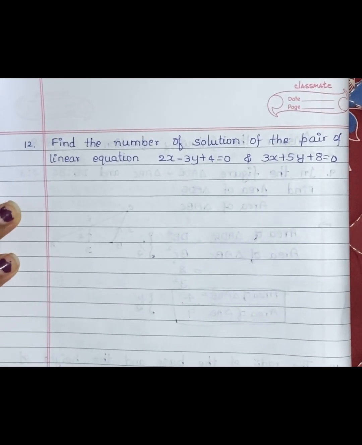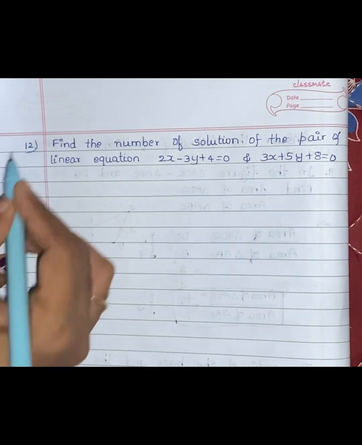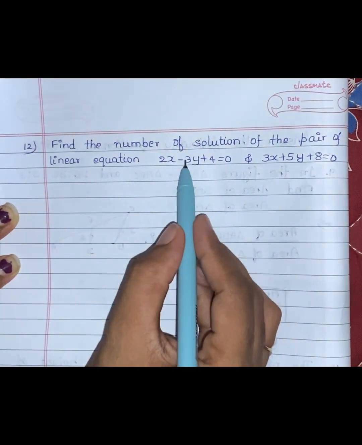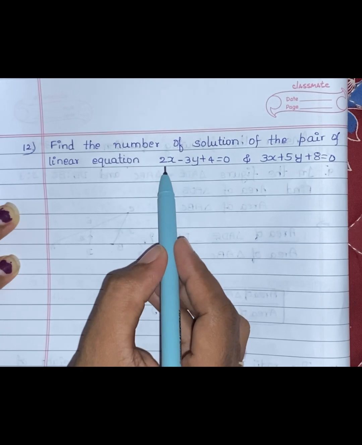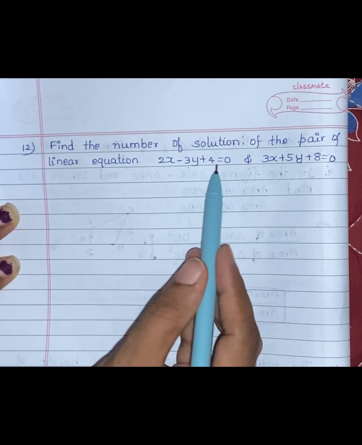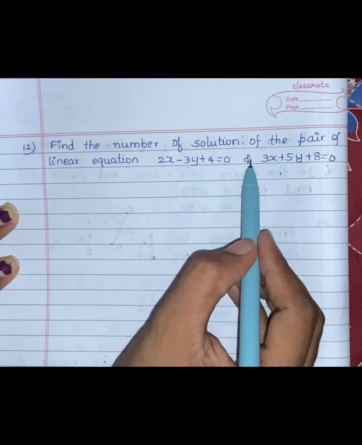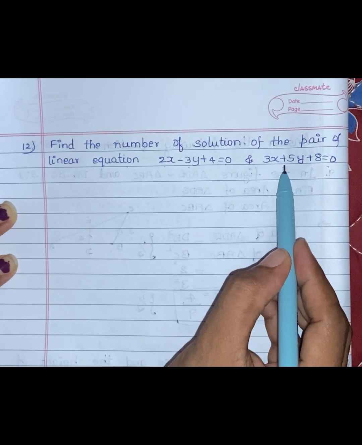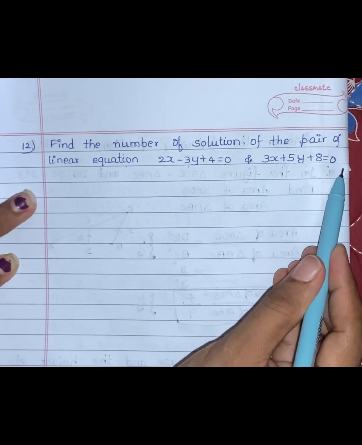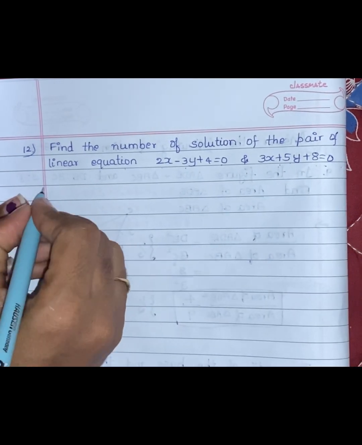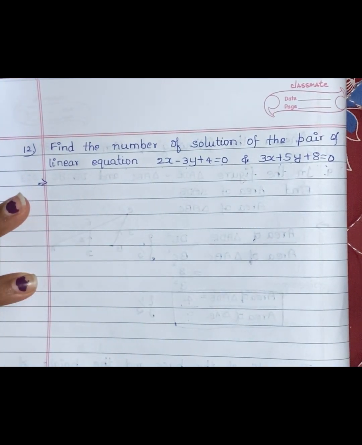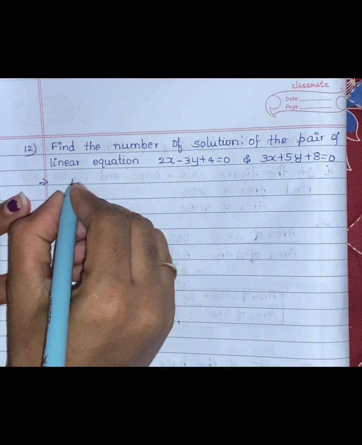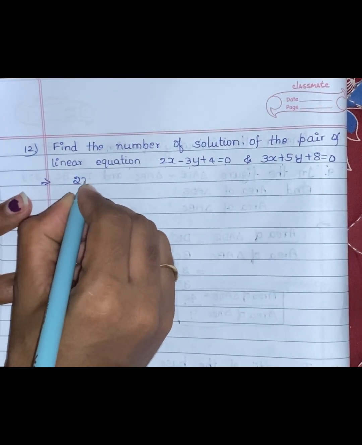Okay, now moving on to the 12th question. Find the number of solutions of the pair of linear equations 2x minus 3y plus 4 is equal to 0 and 3x plus 5y plus 8 is equal to 0. Now they have asked us to find the number of solutions. Okay, so here first let's write the two given equations.